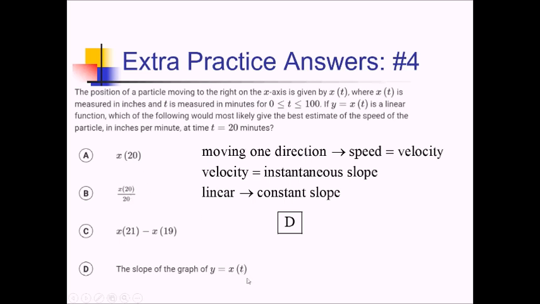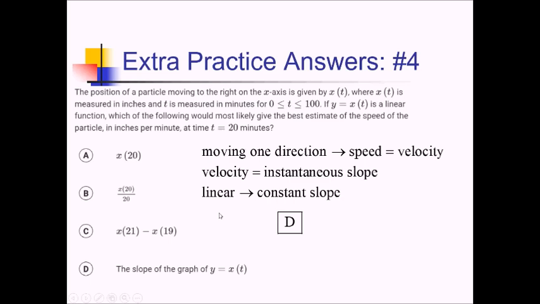So the actual slope of the graph at time 20 is still going to be a better answer than the average slope between 0 and 20. And this last one, C, x of 21 minus x of 19, is just the change in position from time 19 to 21. That's not going to tell you the speed by itself.